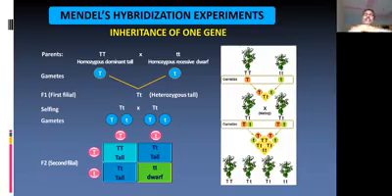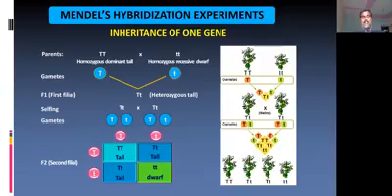Again, crossing is done in the F1 generation, the gametes get separated, and when he did the crossing between the F1 generation, he got 3 tall plants and 1 dwarf plant. Pure tall, he got 1, heterozygous tall 2, and homozygous dwarf 1 plant.